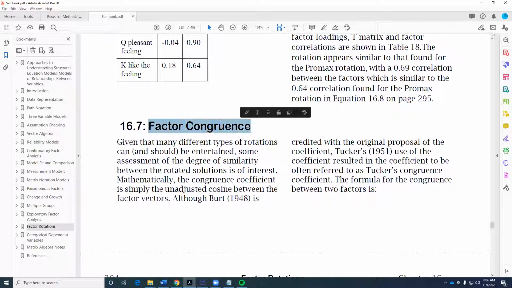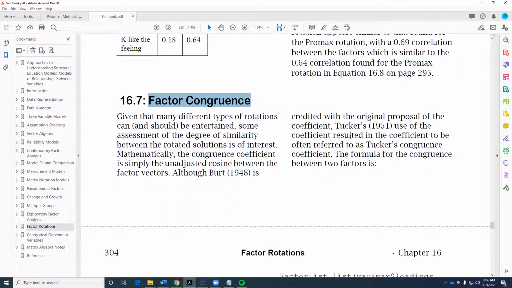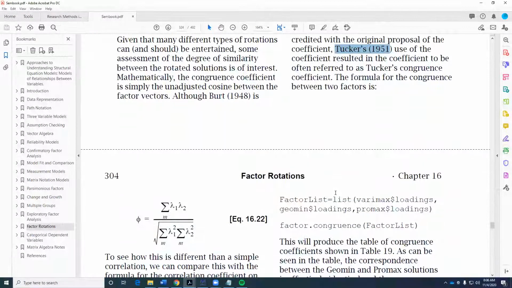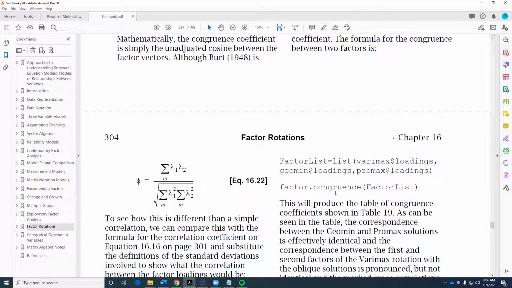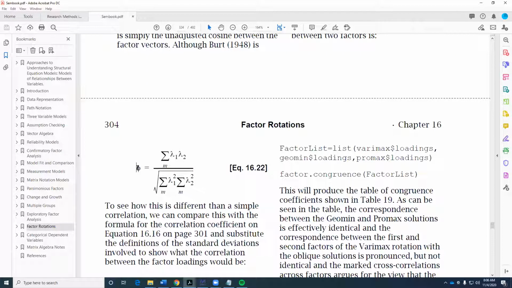So the idea of factor congruence is inspired by our good old friend Ledyard Tucker, who's kind of this really smart guy at the University of Illinois who had a lot of insights that seem to escape other folks. The idea of factor congruence is a pretty easy one, though.